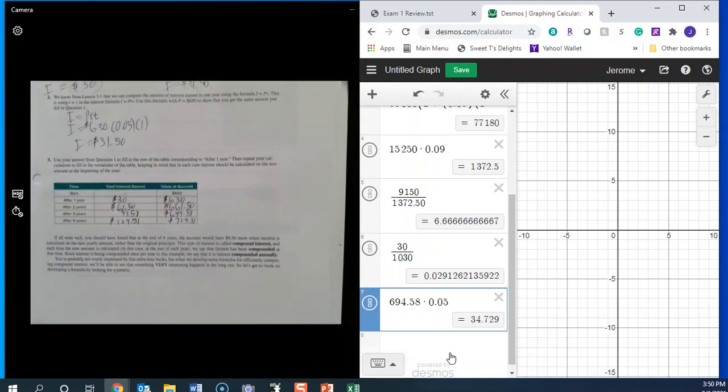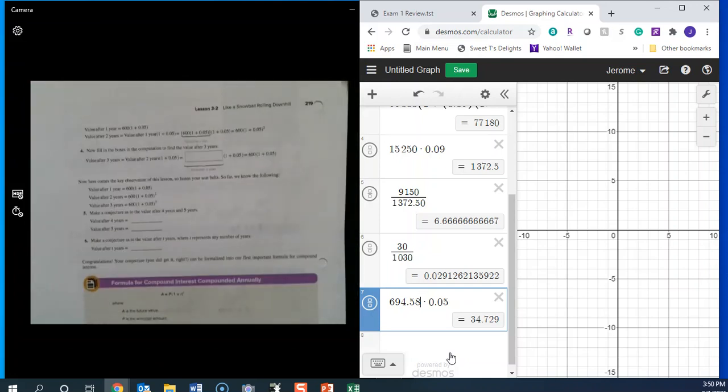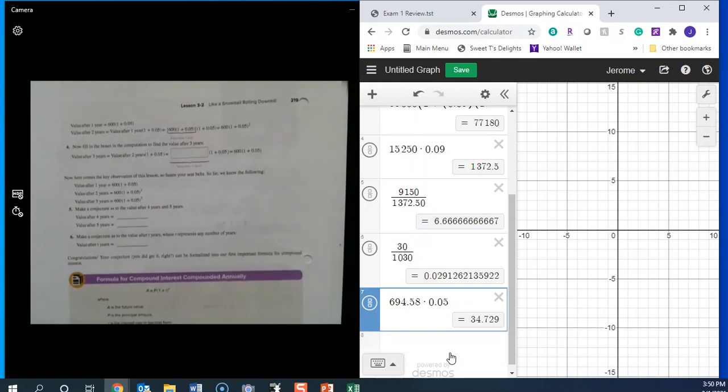All right. So we go here, page 219. Now, 219 has a lot of little examples here that we're going to do. It says value after year 1, they're looking for the future value.